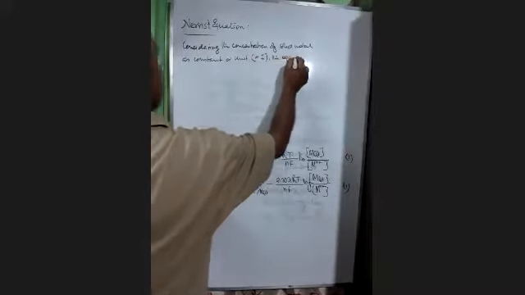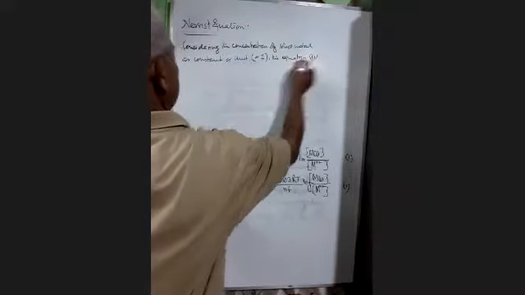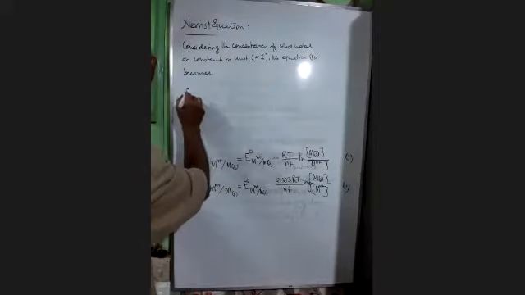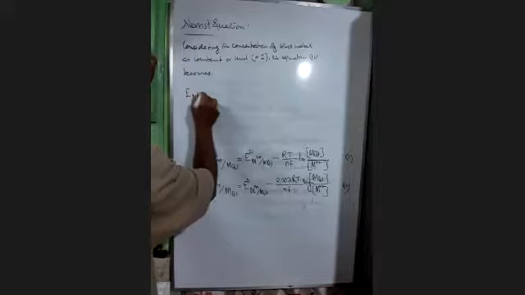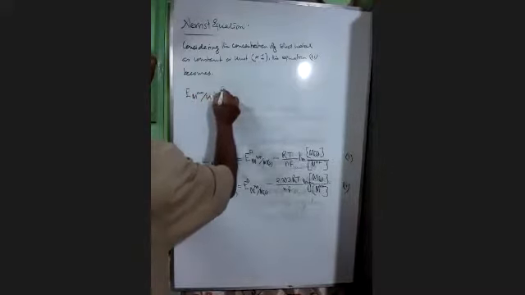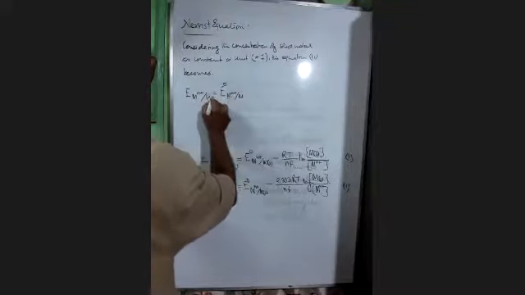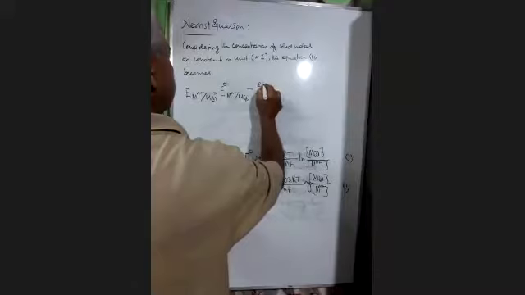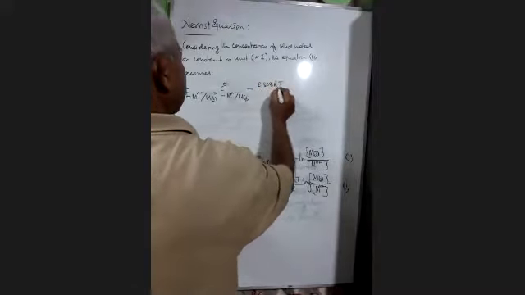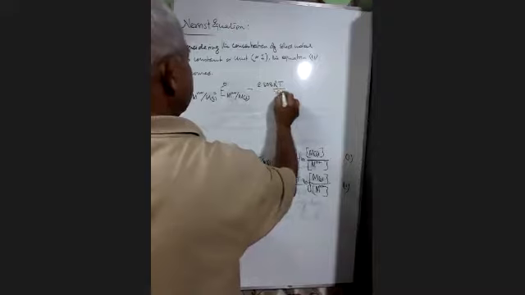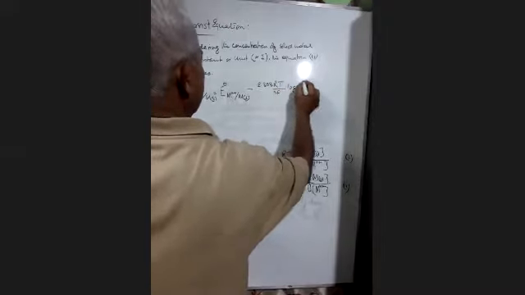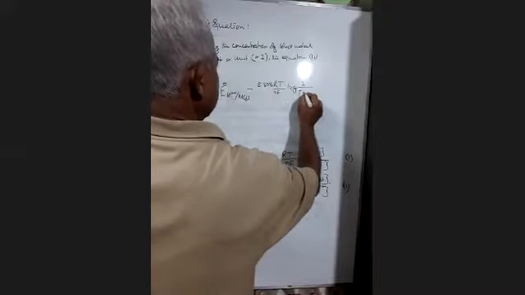The equation 2 becomes, what? It will be E of Mn plus by M is equal to E0 of Mn plus by M minus 2.303 RT by nF log 1 by Mn plus. This is equation 3.